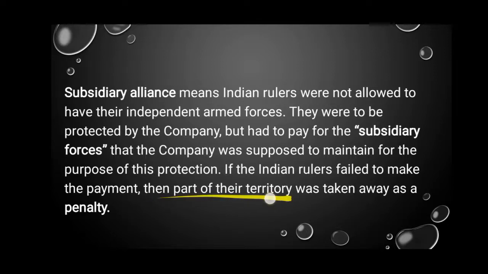Part of the territory will be taken by the company as a fine, as a penalty. So subsidiary alliance means Indian rulers were not allowed to have any armed force or army or weapons. They will be protected by the company, but they have to pay the company for that protection.